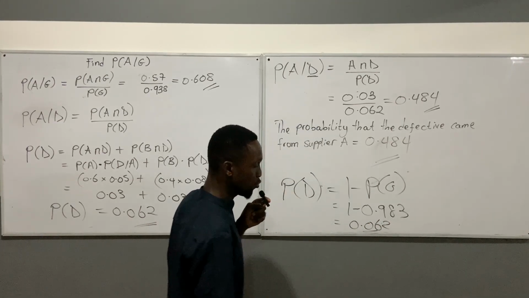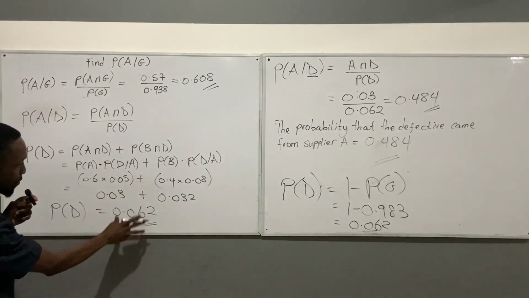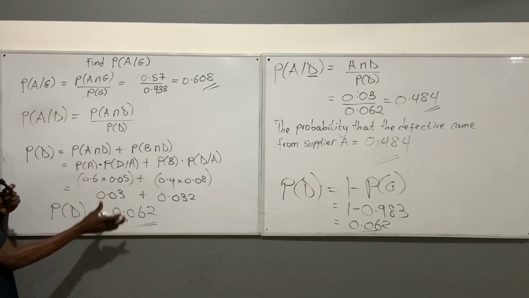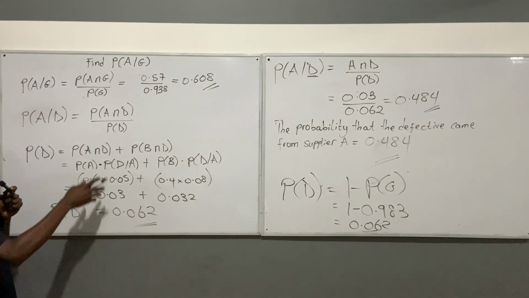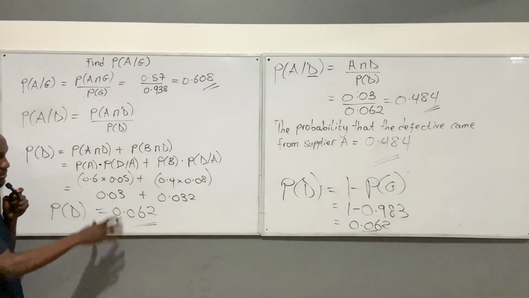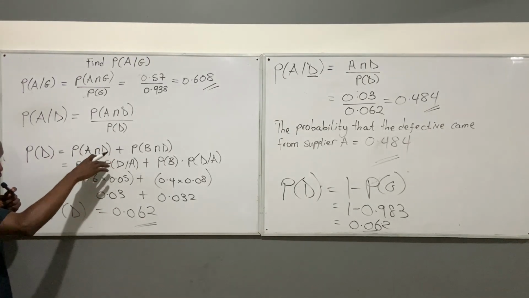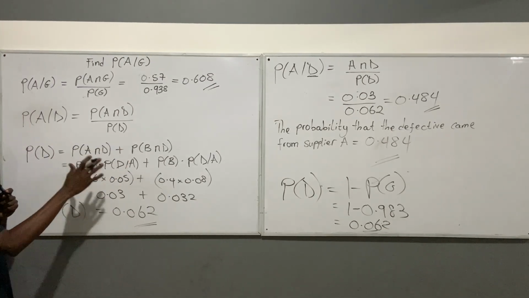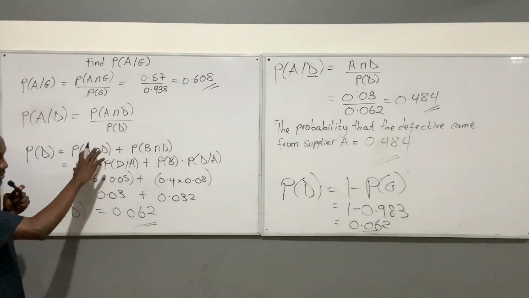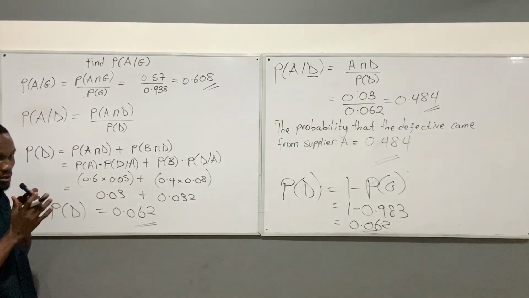So those of you who do not want to go through this formula, it might waste your time. You can use that way. If you really understand the question, you don't need to go through this step. But this is the conditional probability formula, which is called the total probability formula. Okay, and this will help you to understand the concept very well.